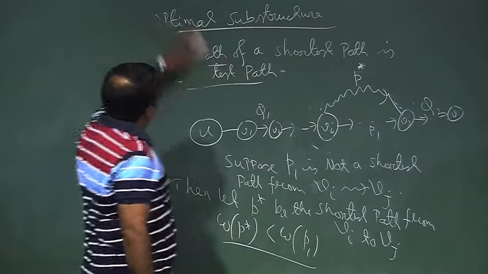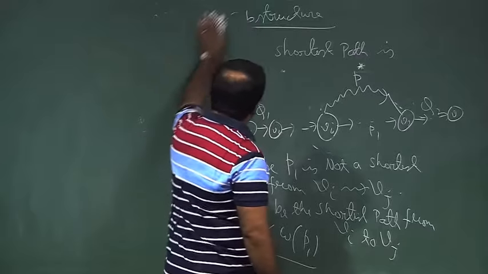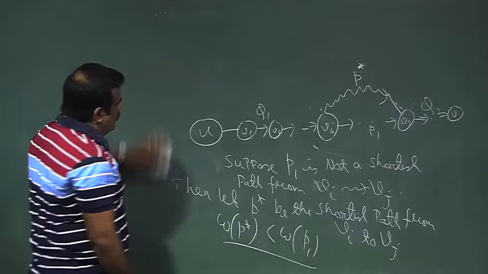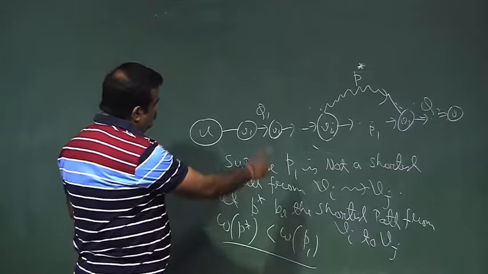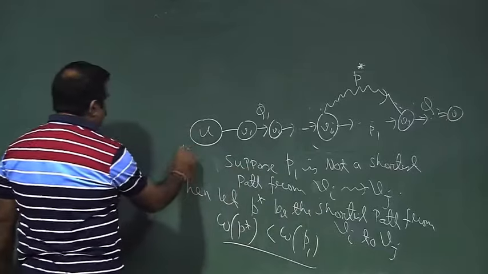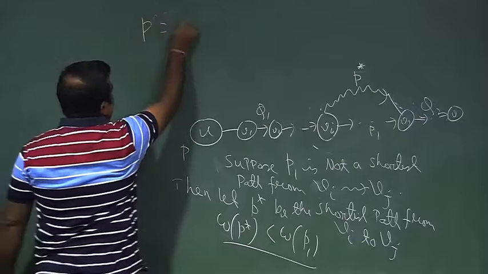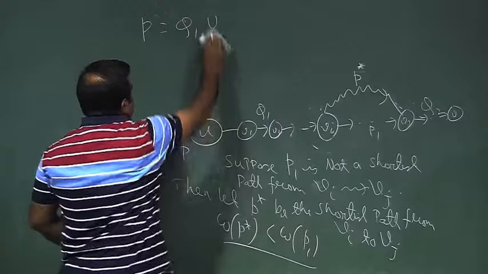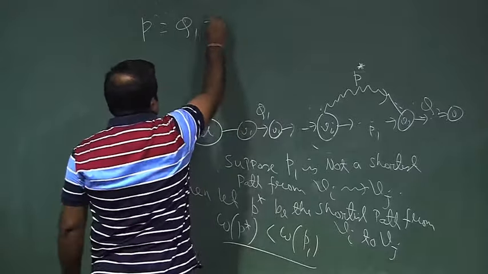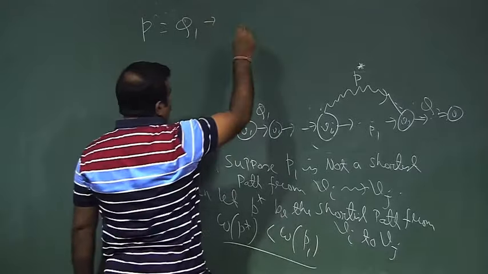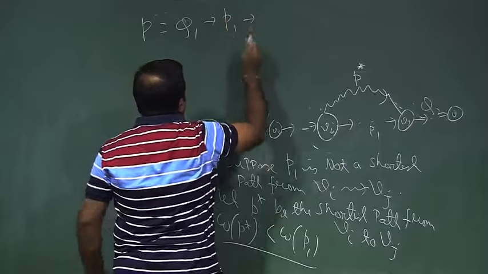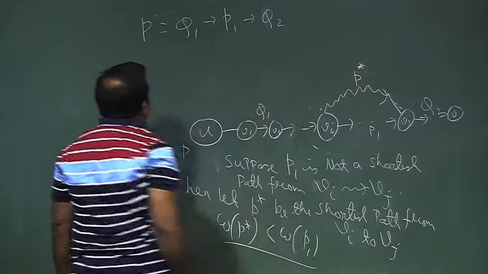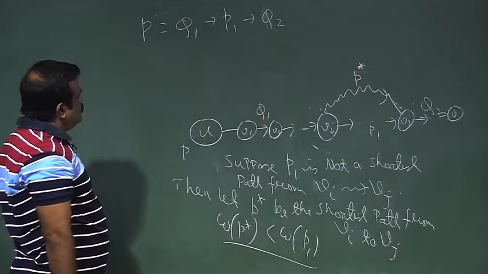Now we take the path from U to V. This is our original path, P. P is basically Q1, followed by P1, and then followed by Q2.